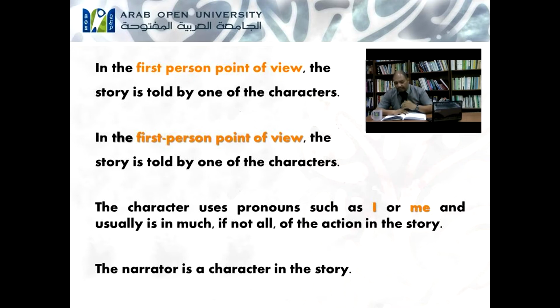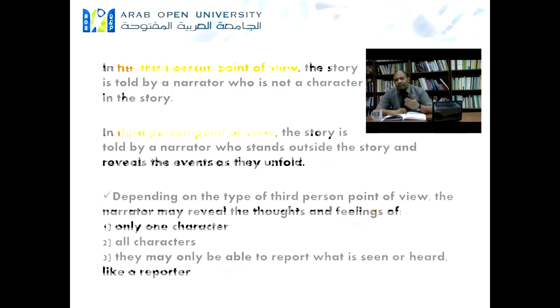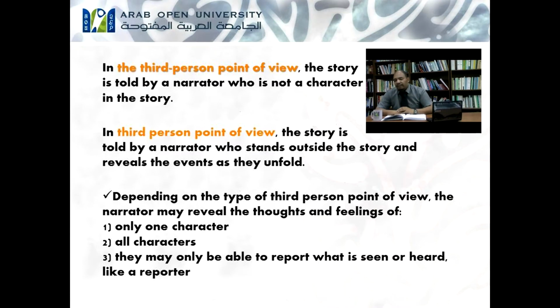Okay, this is what we call the first person point of view, and then you have what we call the third person point of view. The third person point of view, or the third person narrator, is someone, first of all, clues as to how you can identify this kind of narrative.